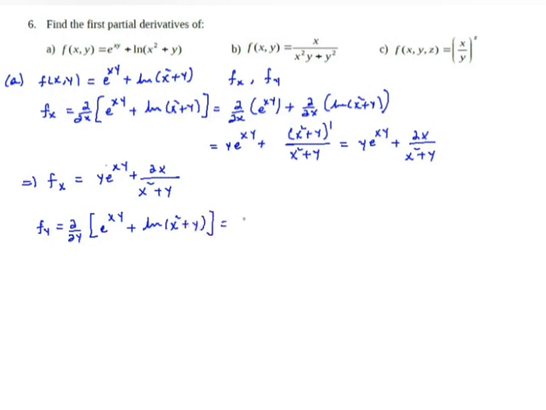So this becomes the partial derivative of e to the power of xy plus the partial derivative of ln of x squared plus y. Okay, so this becomes x times e to the power of xy plus 1 over x squared plus y. Okay, so this is fy.